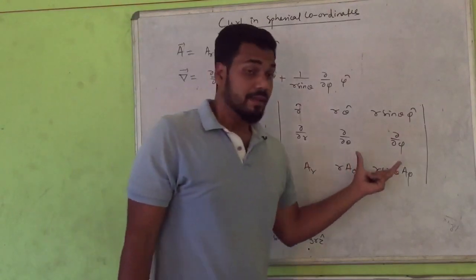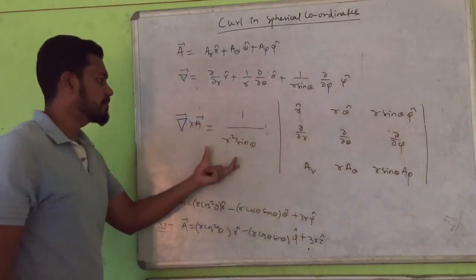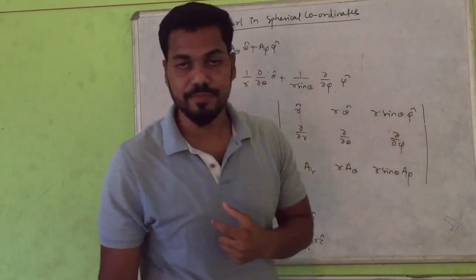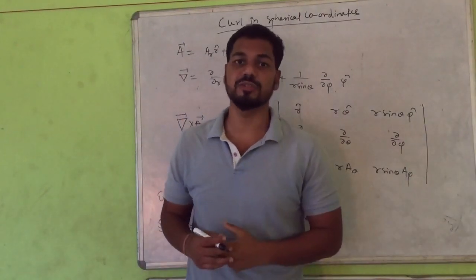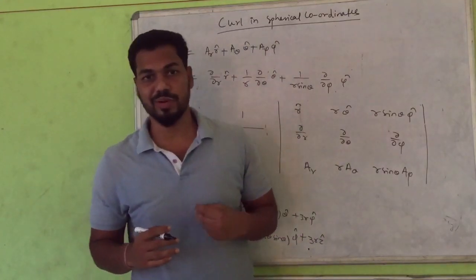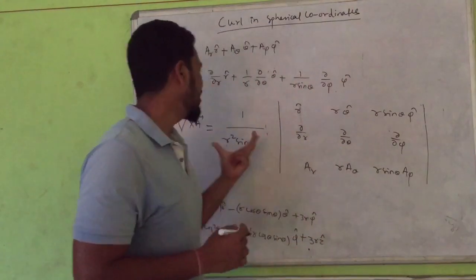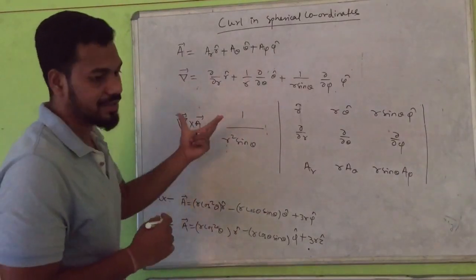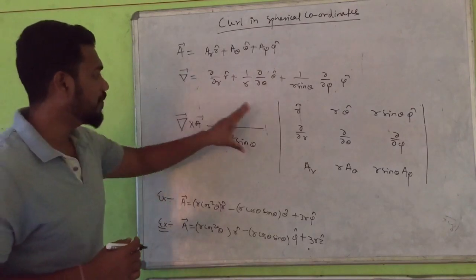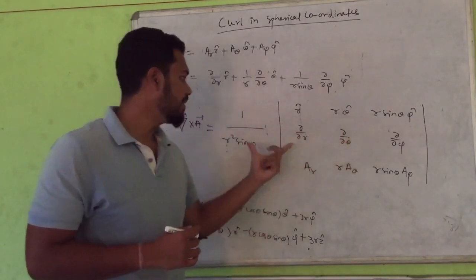So you have to remember this formula to find the curl of a vector when the vector is in the spherical polar coordinate system. As we deal with the spherical coordinate system regularly in electrodynamics, you must know how to find the curl of the vector in spherical polar coordinates. So this is the required formula to remember.